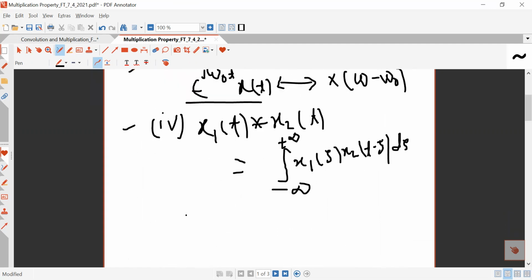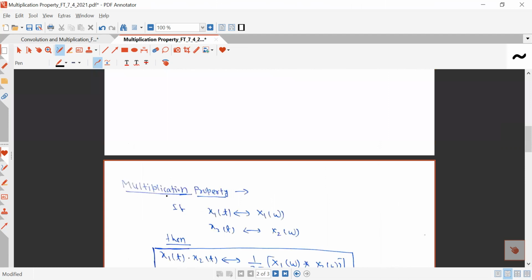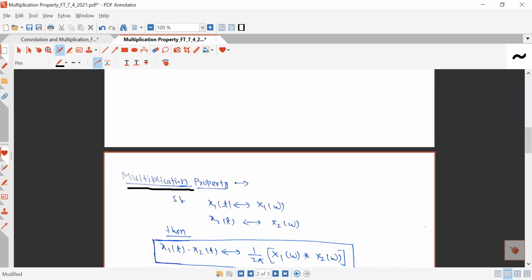Now, what is the multiplication property? According to this property, if the Fourier transform of any signal x1t is X1 omega and the Fourier transform of another signal x2t is X2 omega, then you can find the Fourier transform of their product.